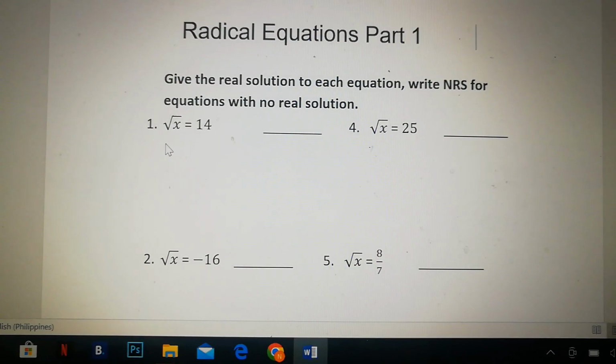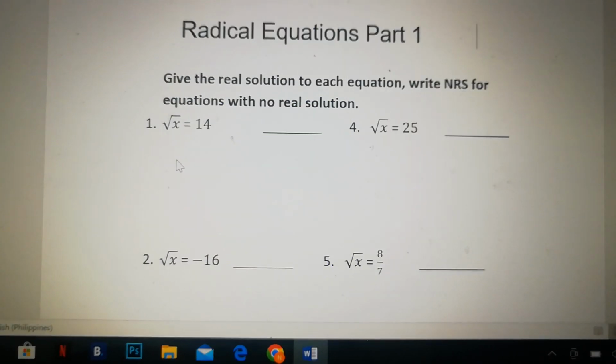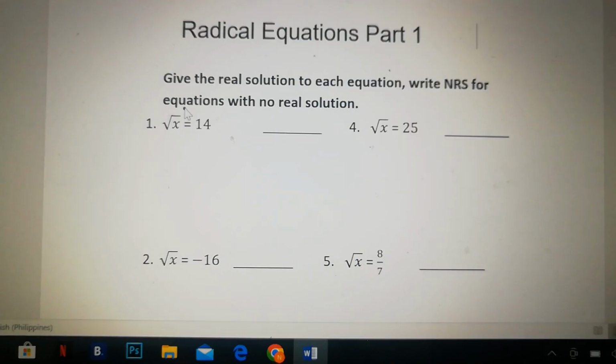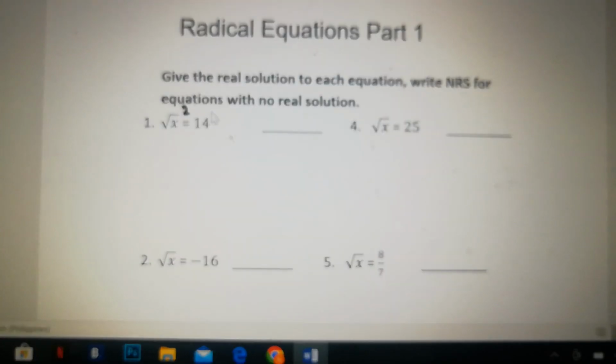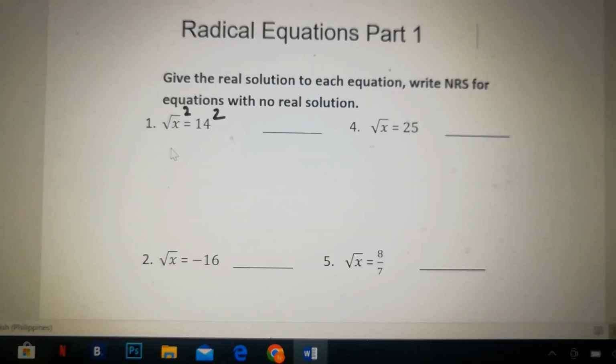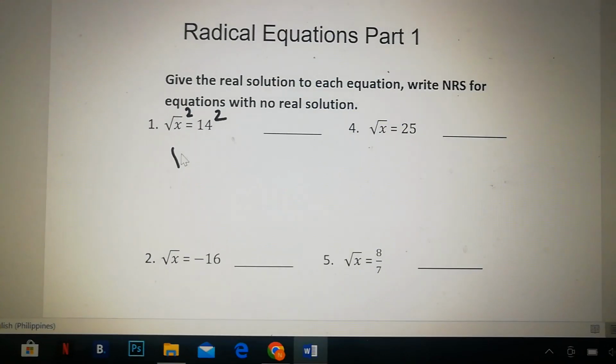Okay, so square root of x equal to 14. So how will you solve for x here? You square both sides of the equation. So you square the square root of x, you square 14. The square root of x squared is equal to x.